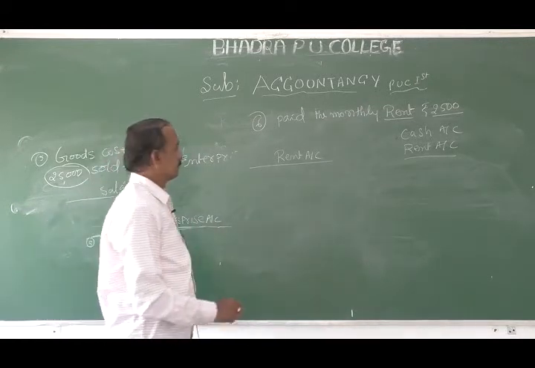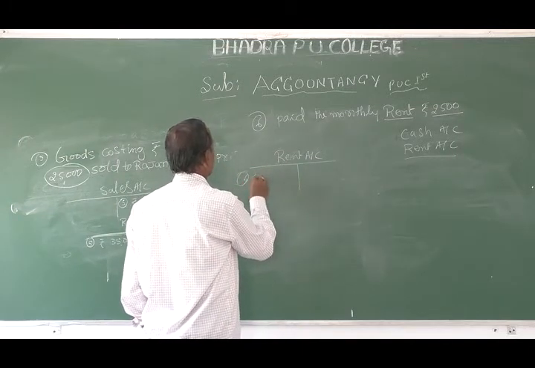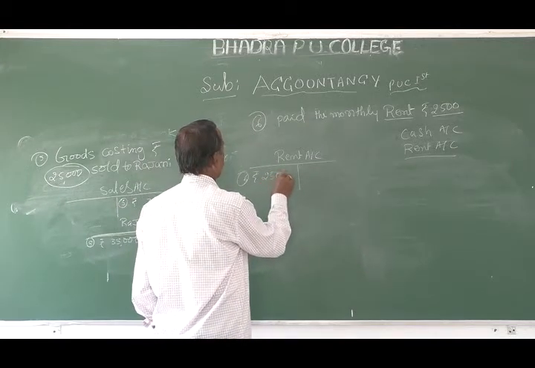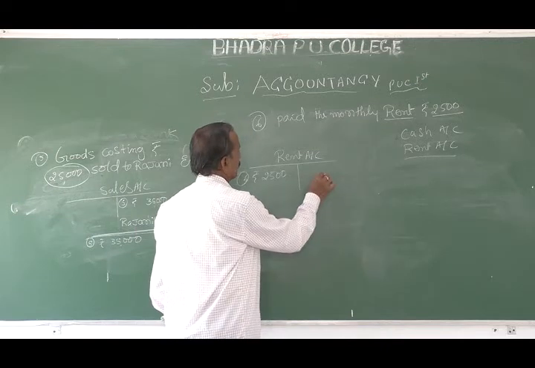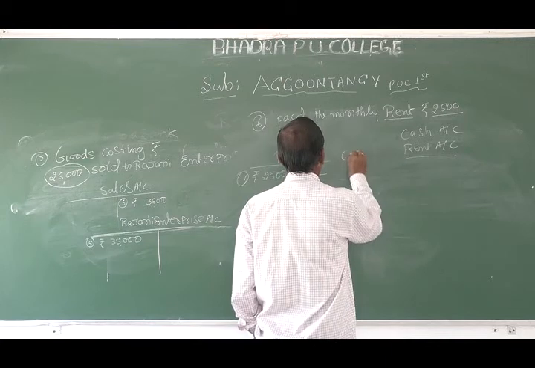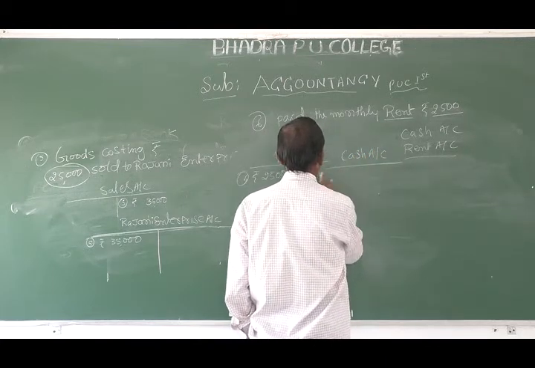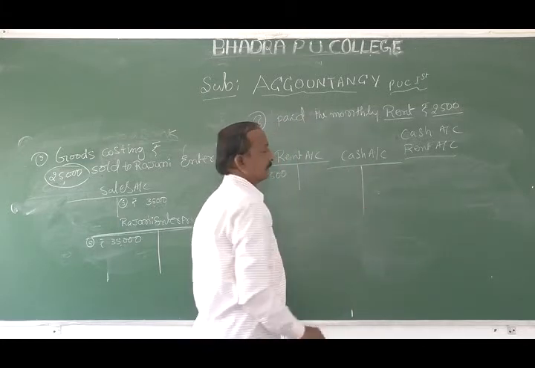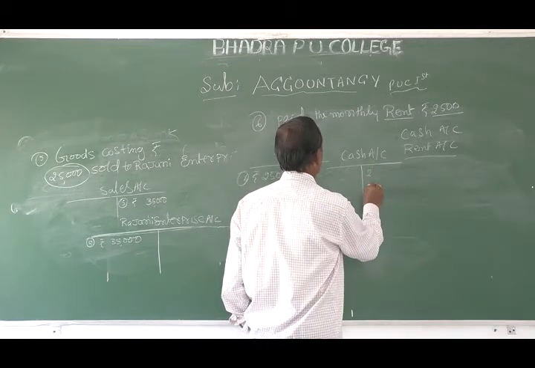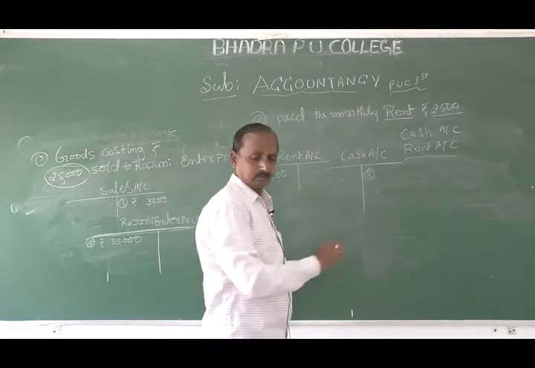Rent account, rupees 2500. Next, cash account. One lakh.